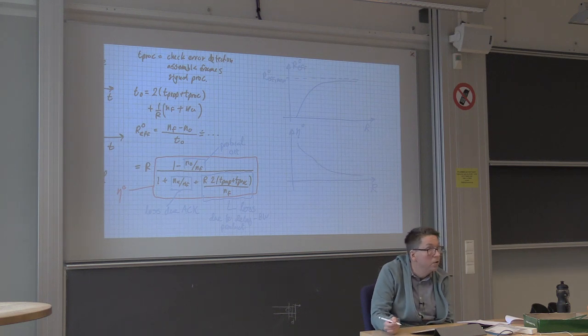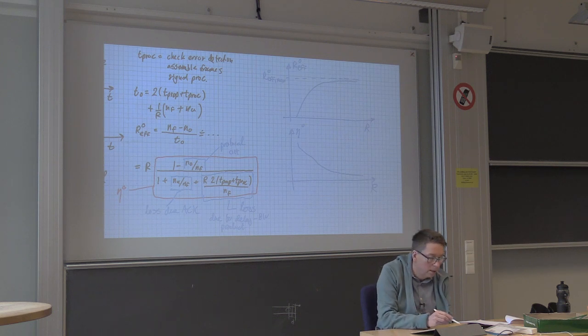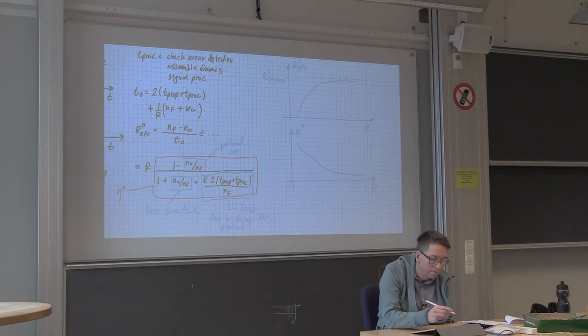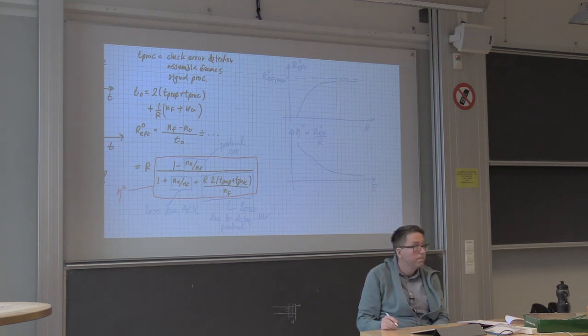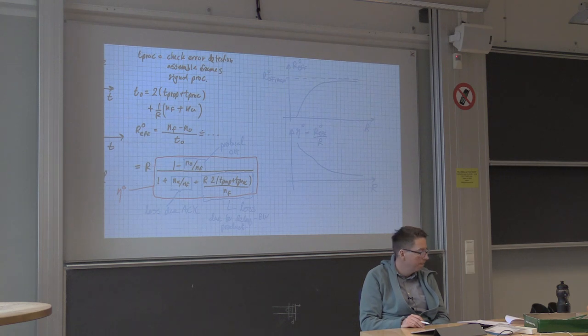So the efficiency goes down, which is obvious because the efficiency is the effective rate divided by R. So the first curve gives the second one, or the second one gives the first one. So it's just two ways of looking at the same thing.